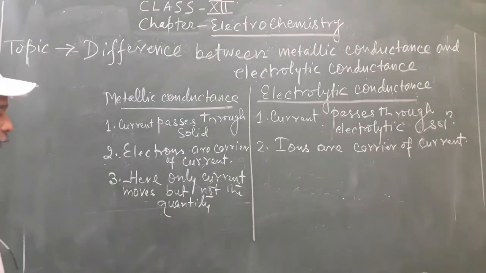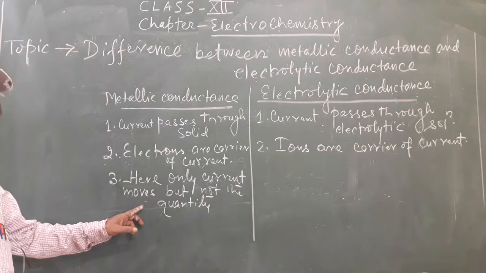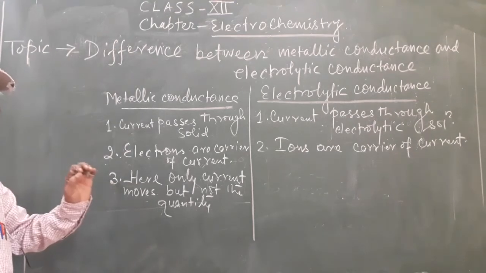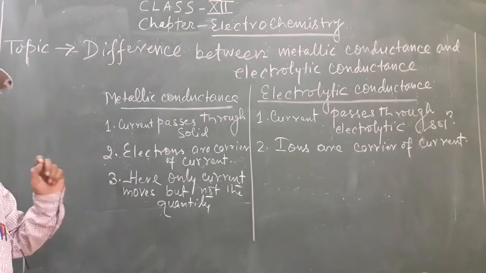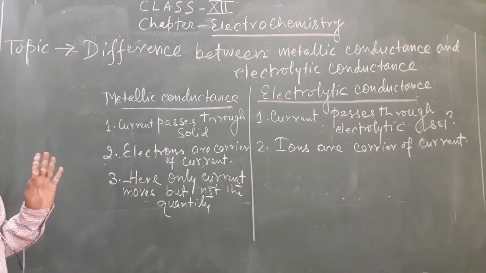Correct? Only current moves from one place to another place, but there is no movement of mass. Every atom of the solid remains intact exactly at its lattice point.